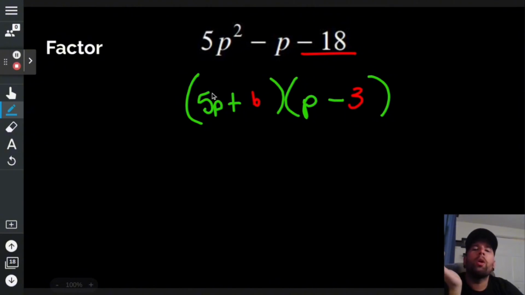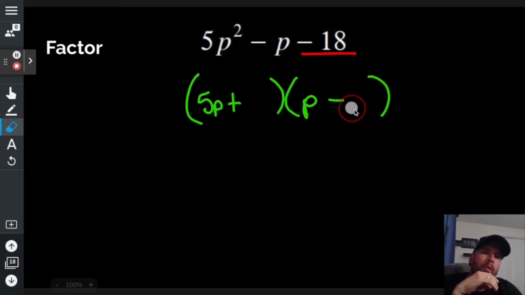I know it's going to be negative 15p and positive 6p, which doesn't work, not even close. So I don't like the 6 and the 3. And if you're like, well, swap them, if I swap them, then that's going to be 30 over here. No good. So the 6 and the 3, probably not a good idea. Let's try 9 and 2.